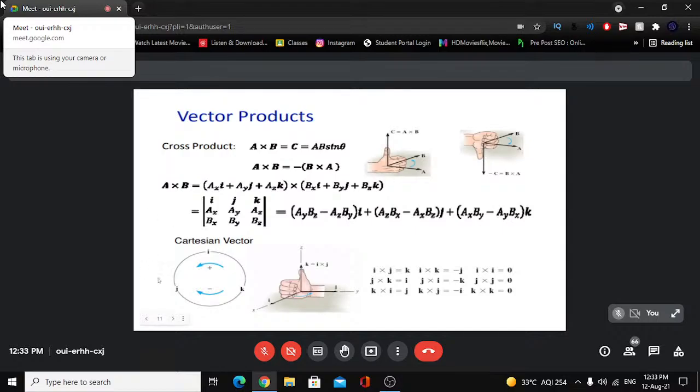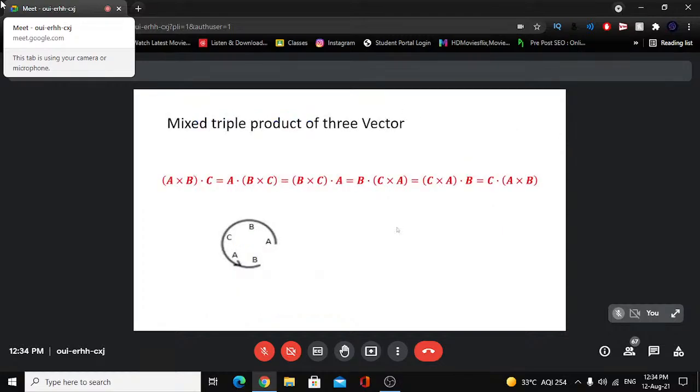So i to j gives k, and k cross i gives j. If we reverse the direction, then k to j gives minus i, and i to k gives minus j. One more thing, if the angle is 0, then i cross i is 0, j cross j is 0, k cross k is 0. Just repetition, everybody knows this.